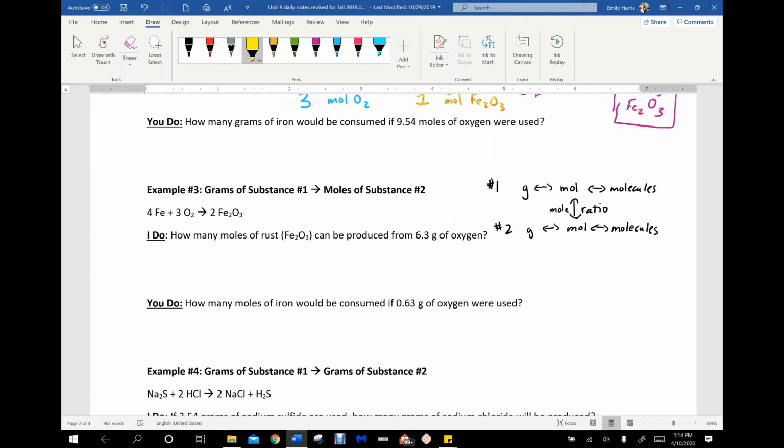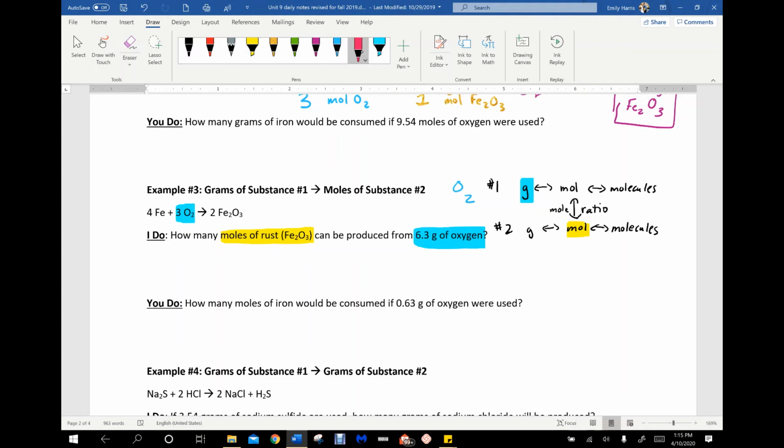So this one asks, how many moles of rust can be produced from 6.3 grams of oxygen? They're using the same chemicals, just a little different number. So this time for oxygen, I'm starting in grams, and for iron, I'm wanting to end in moles. So if I track my steps, first, my substance is oxygen.